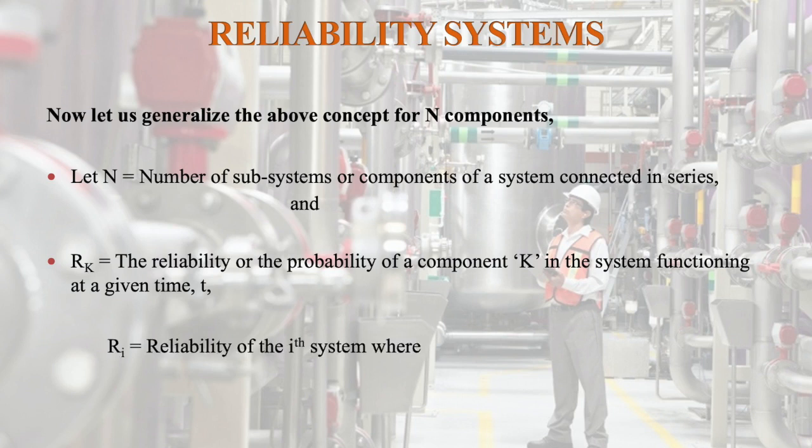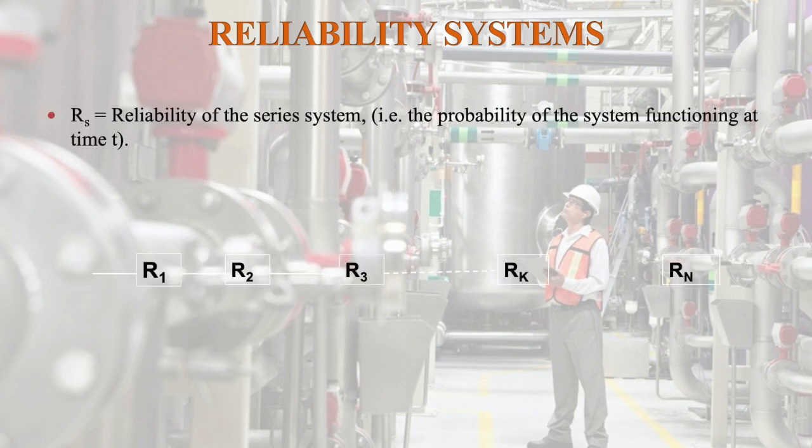Then Ri is equal to the reliability of the ith component, where i is equal to 1 to n. So Rs is equal to the reliability of the series system, that is the probability of the system functioning at t. Figure 1.2 depicts that series system, that is R1, R2, R3, Rk and up to Rn.